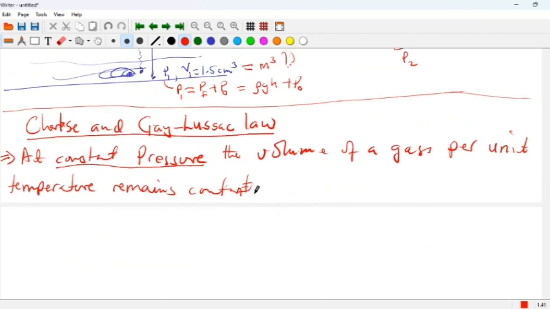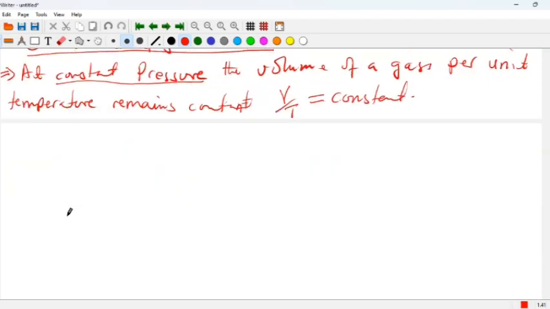So basically what we are saying is that when we keep the pressure constant, the volume per unit temperature remains constant. That means at constant pressure, the volume over temperature is equal to a constant. It simply means that when we operate under constant pressure, we have a system with V1, T1.